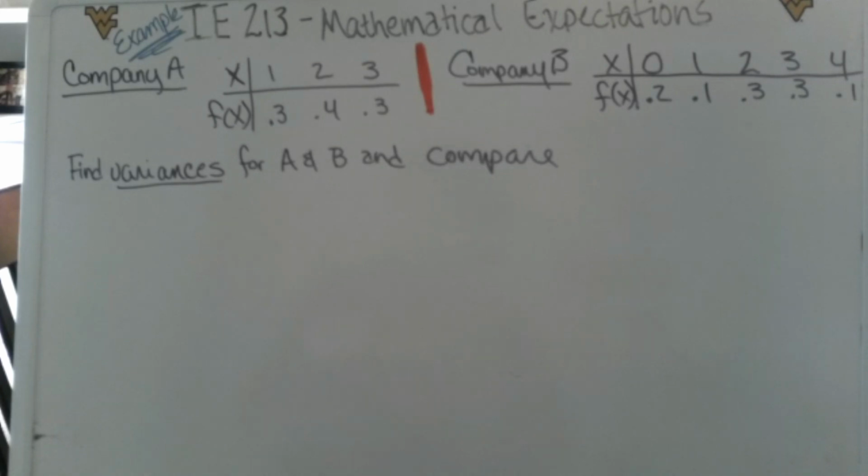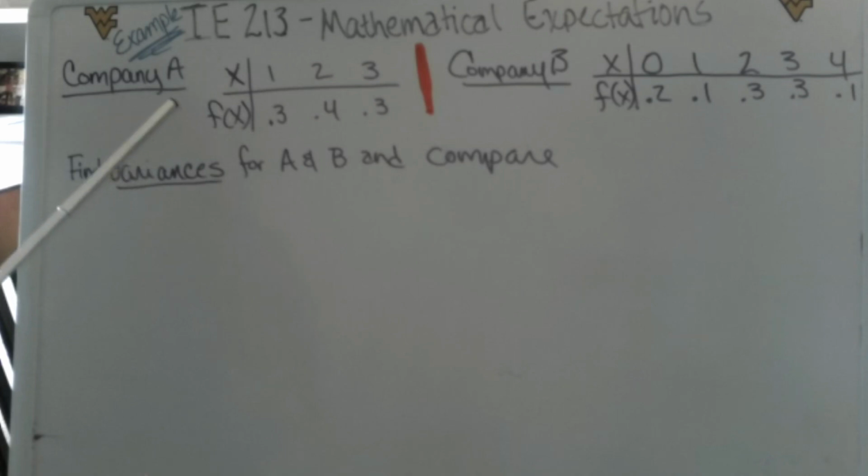We're going to look at an example. It is a discrete example. We have two companies, Company A and Company B, and we're going to let the random variable x represent the number of automobiles that are used for official business purposes on any given work day.